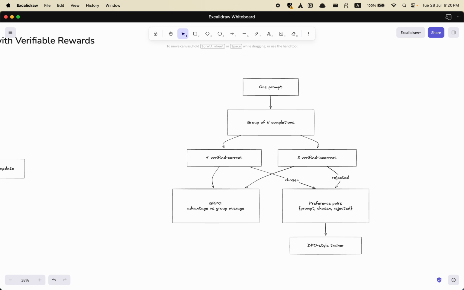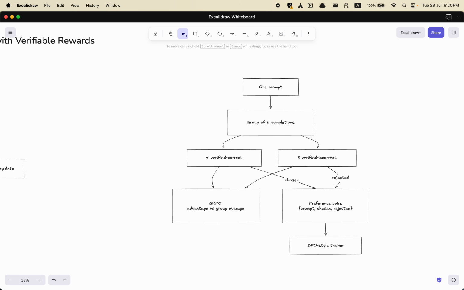Whereas we also have DPO, direct preference optimization. In this, it trains directly on pairs, a preferred chosen answer versus a rejected one, and it tries to push the model towards chosen and away from rejected.